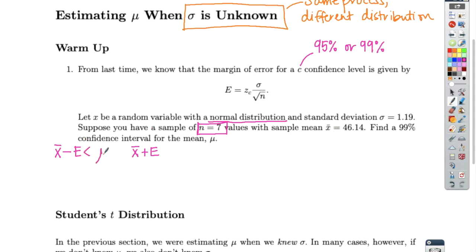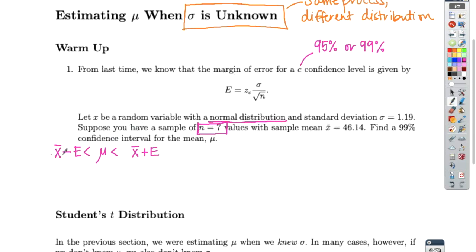That's where our population mean will likely be. Now, it's not a definite, we don't definitely know that our population mean is in this interval, but we'll be able to say that we're 99% confident that our population mean is somewhere in here.